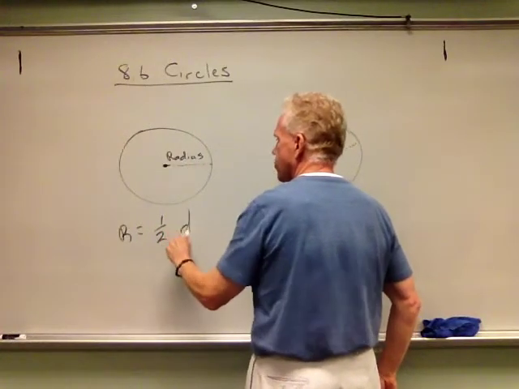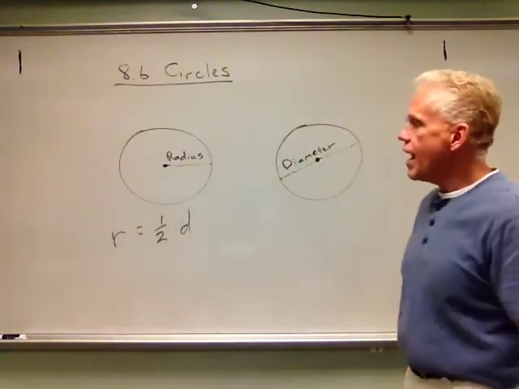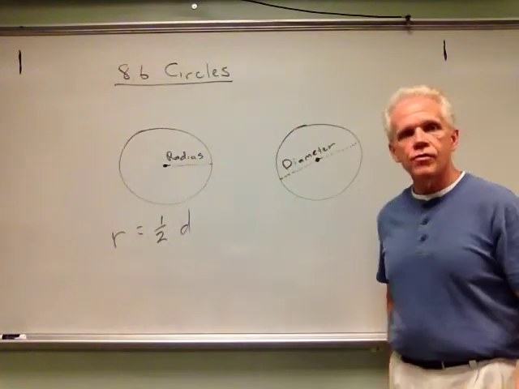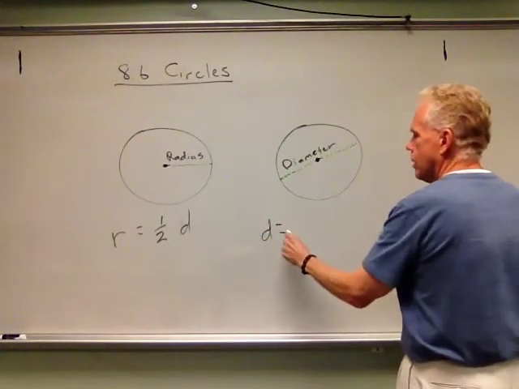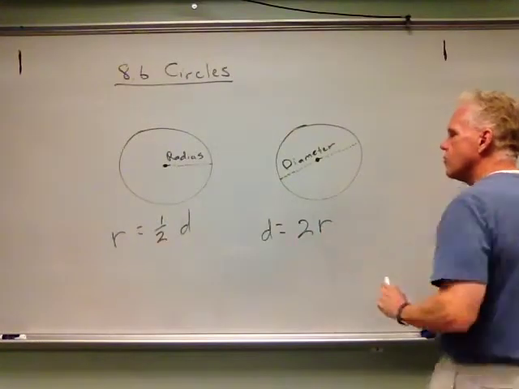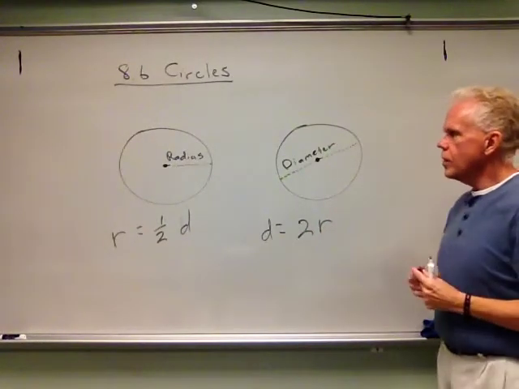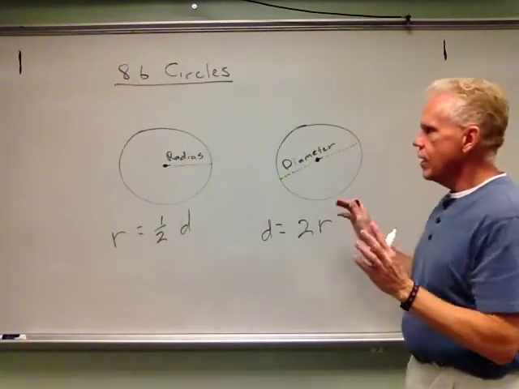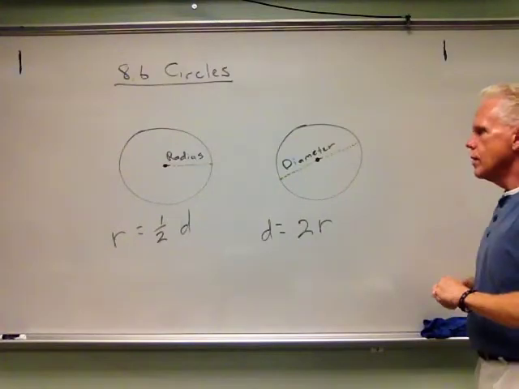Actually, I think these are probably expressed in lowercase letters. Radius equals half of the diameter. It's halfway across the circle. On the other hand, the diameter is twice as big as the radius. Diameter equals 2r. Formulas that are good, but you're much better off just understanding radius is halfway across, diameter is all the way across, and you got it.